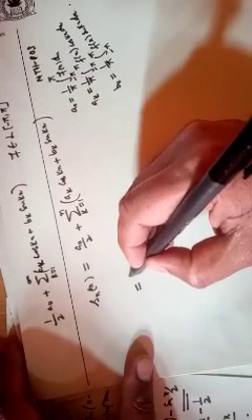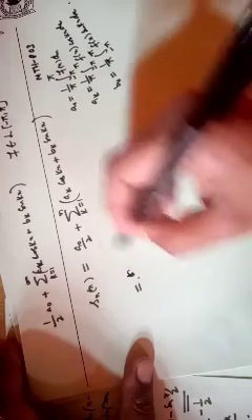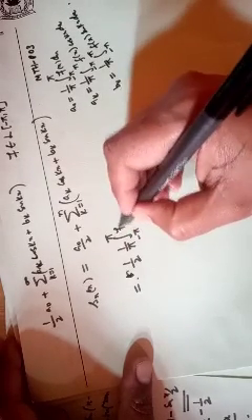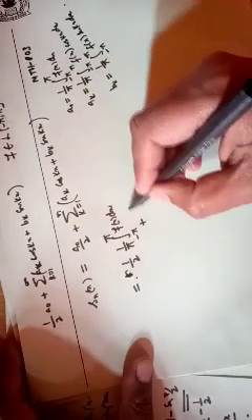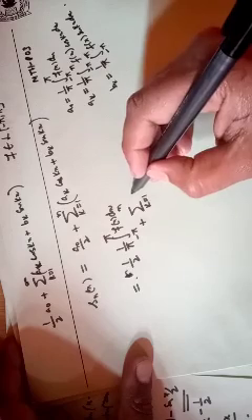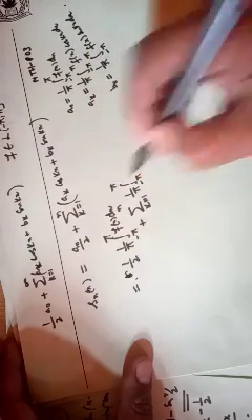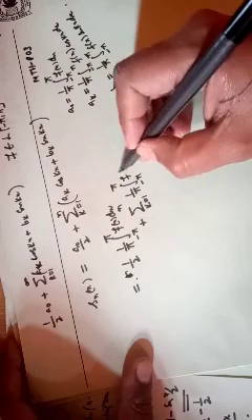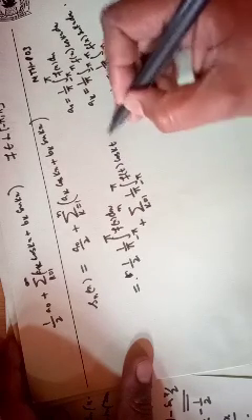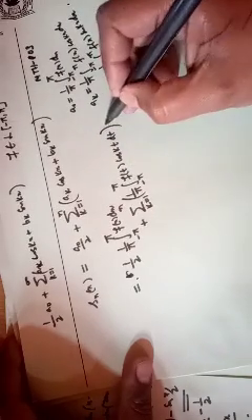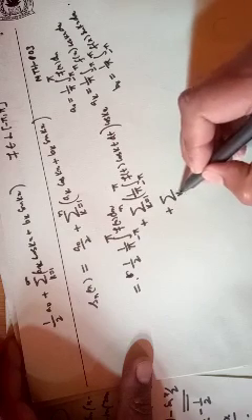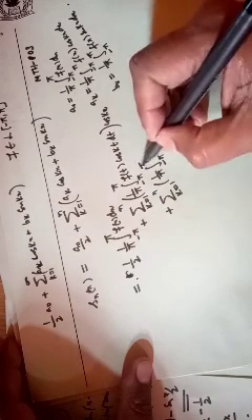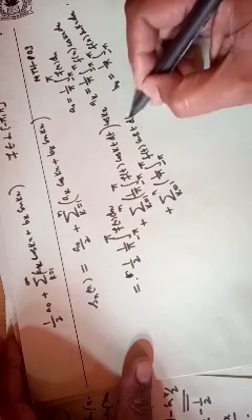So I can write it as 1 by 2 a0. In place of a0 I can substitute 1 by pi integral from minus pi to pi f(x) dx, and similarly in place of summation k runs from 1 to n, in place of ak I can write 1 by pi integral minus pi to pi f(t) cos kt dt, and then multiplied by cos kx, plus summation k runs from 1 to n, the same thing, 1 by pi, that would be our bk, integral minus pi to pi f of t sine kt dt, times sine kx.